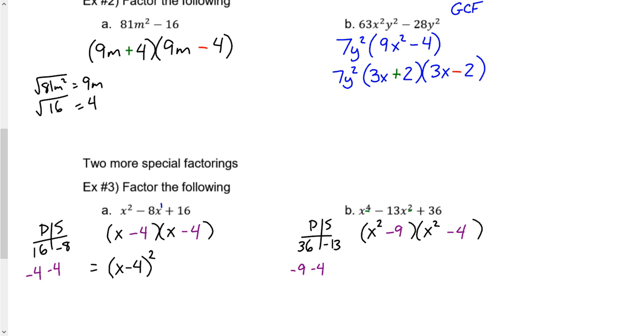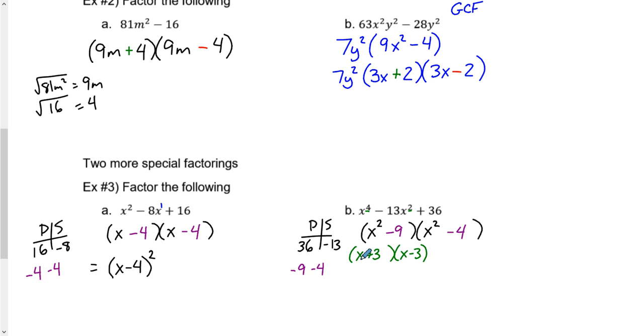But we can go one more step. This is not finished because we have a square subtracting a square. We have a square subtracting a square, which makes both of these difference of squares. X squared minus 9 will factor into an x add 3, x subtract 3.